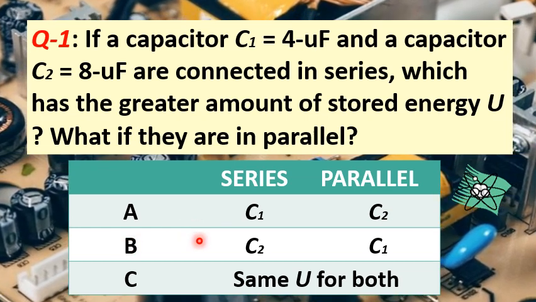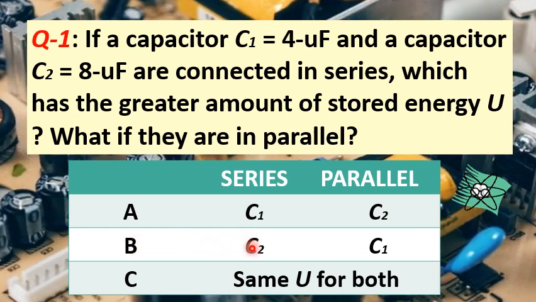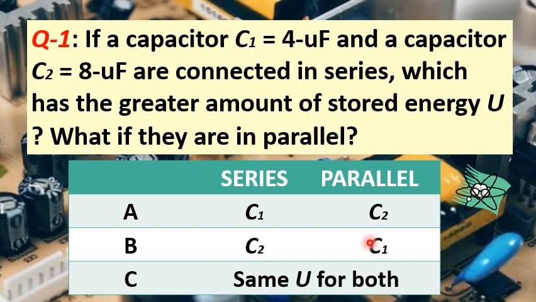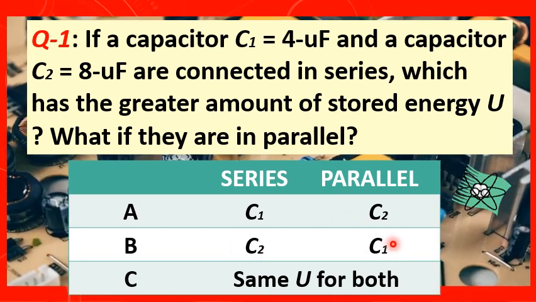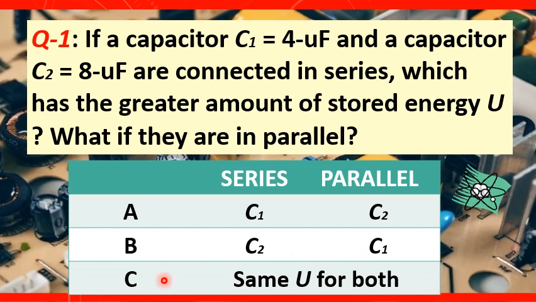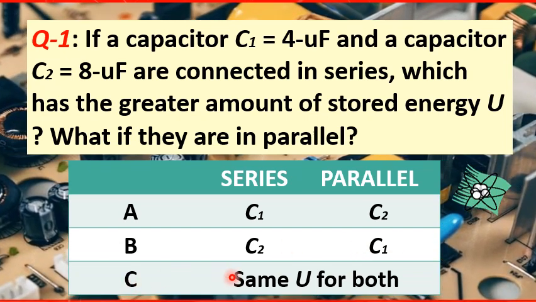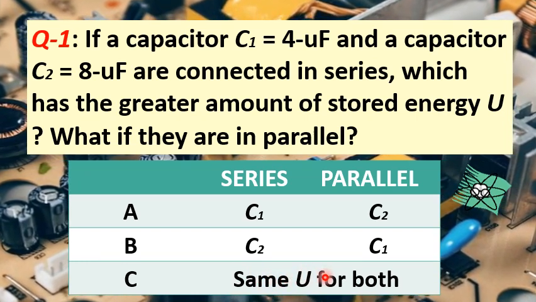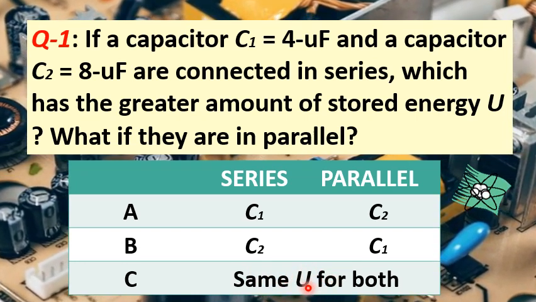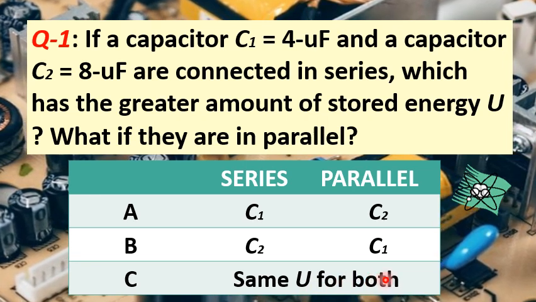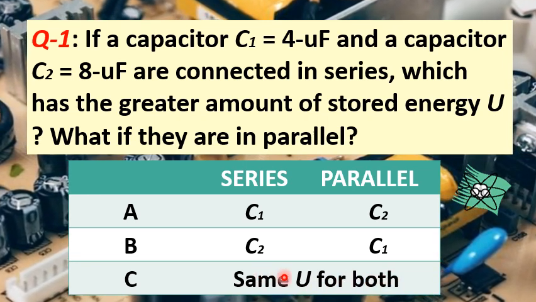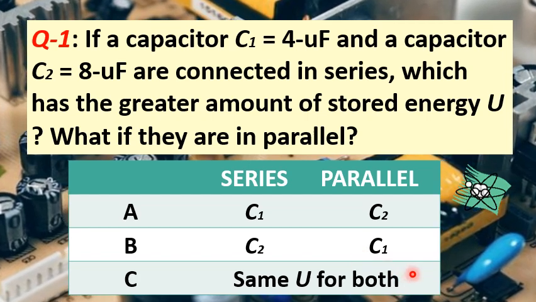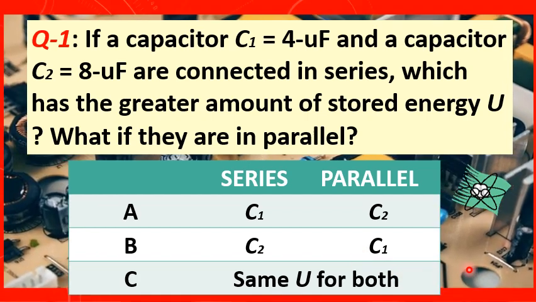Option letter B, it is capacitor number 2 if they are in series, and capacitor 1 if they are in parallel. And option letter C, the amount of stored energy, capital U, is the same for both series and parallel connections.